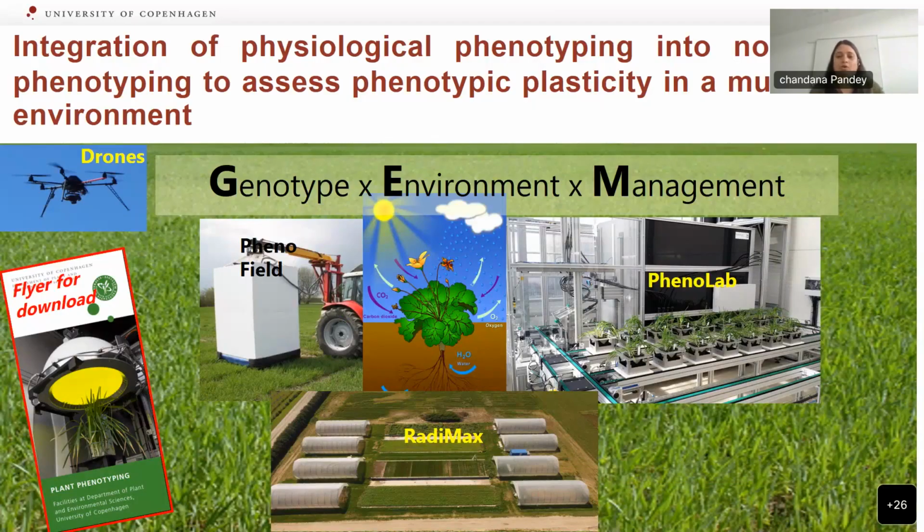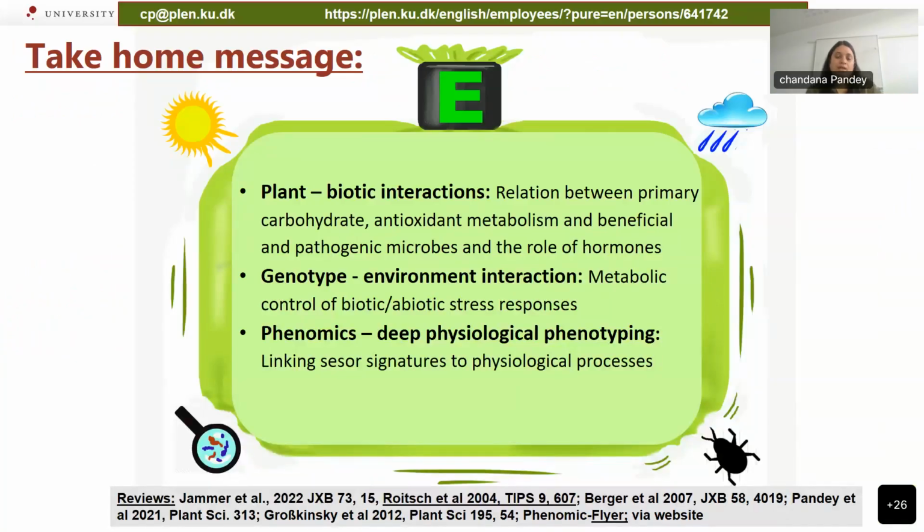heat, all these things. So what we should remember after this presentation: plant biotic interaction in relation to the primary carbohydrate, antioxidant metabolism, beneficial microbe, pathogenic microbe, and hormones play an important role and can be considered to connect the phenotyping and genotyping, working as a bridge.